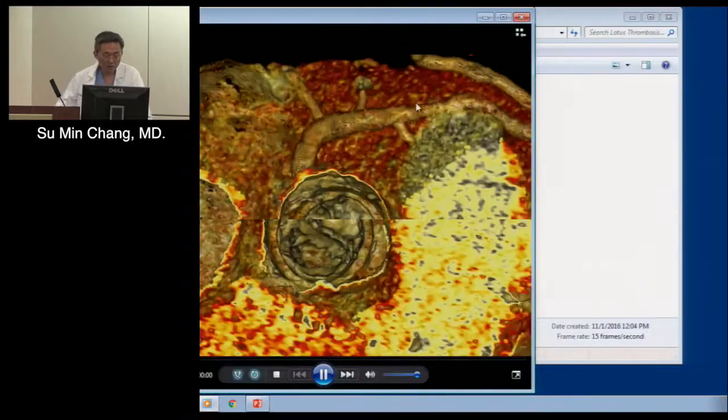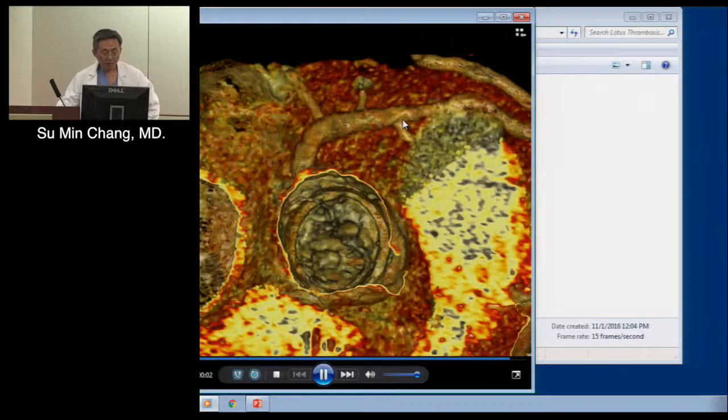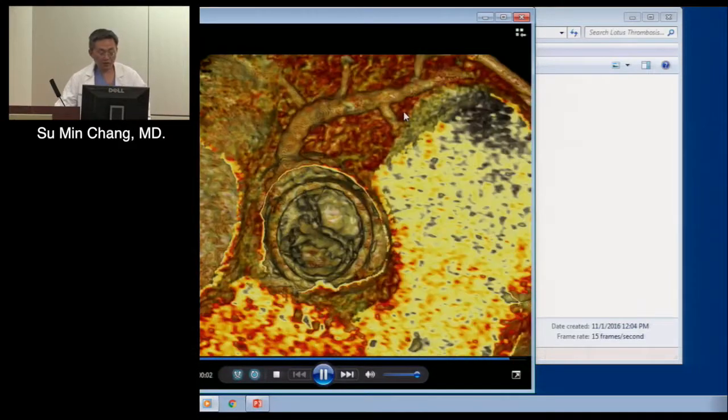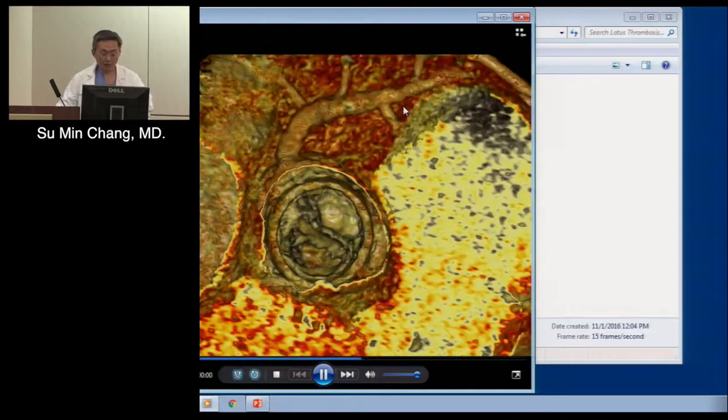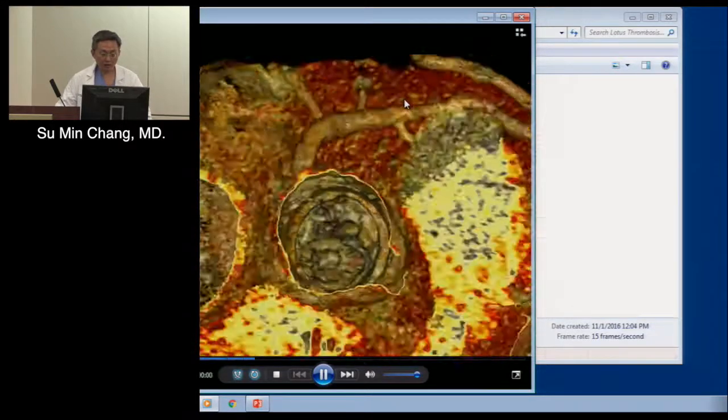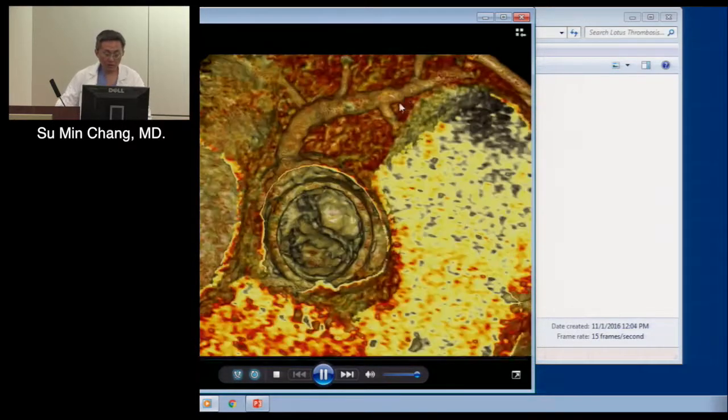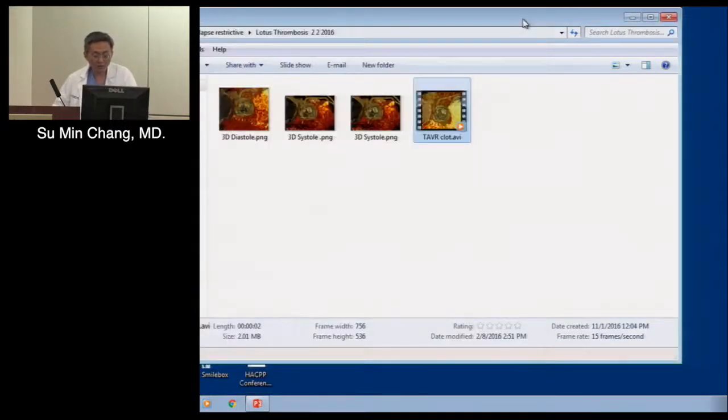And this is what the valve surgeons want, 4D CT. Not every patient we can get an image like this, but with good contrast and image sequence, I think we can obtain an image similar to this.